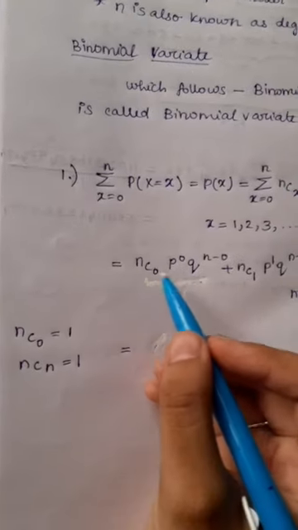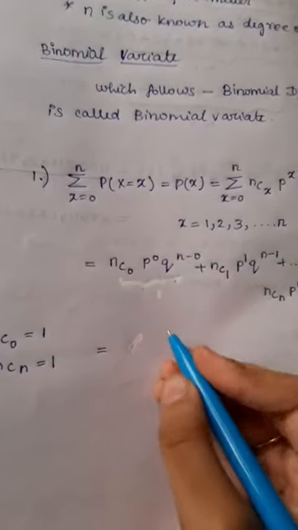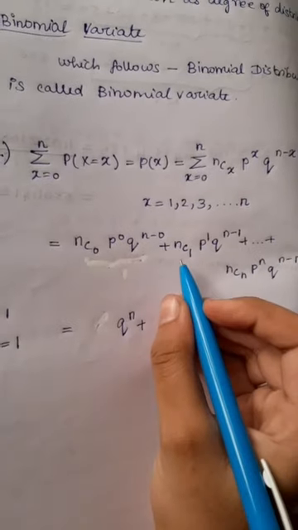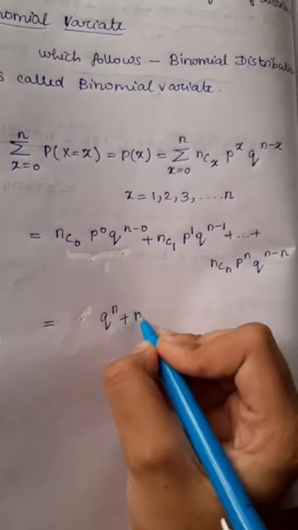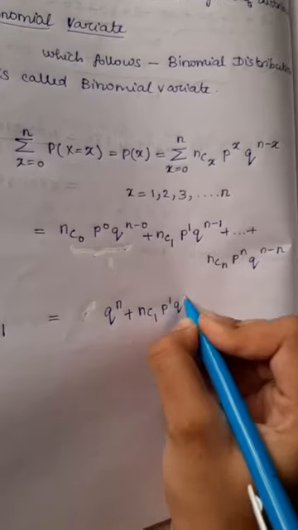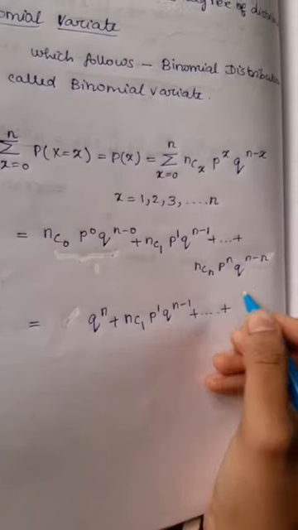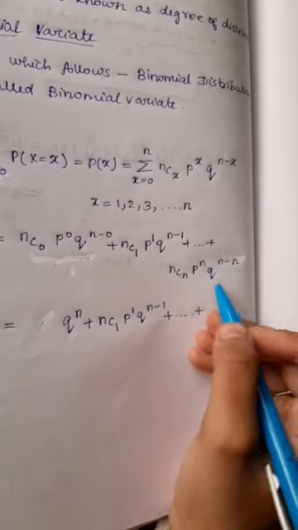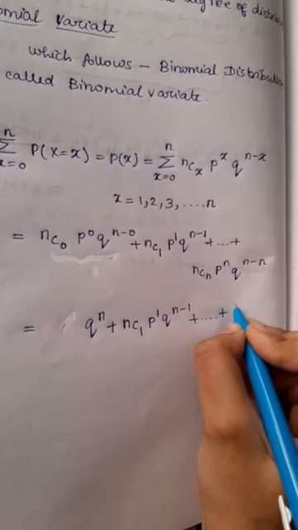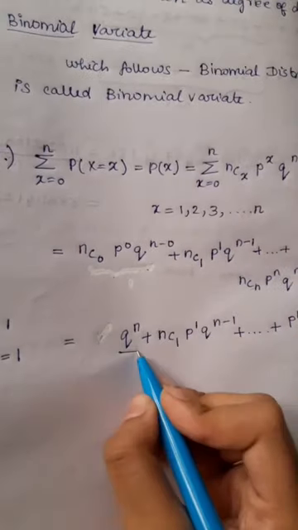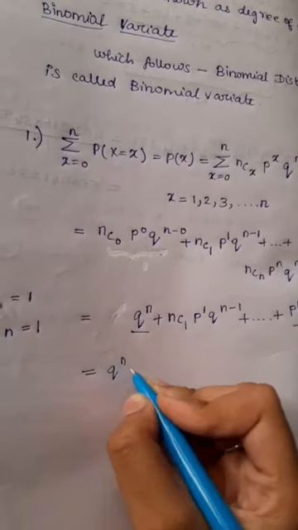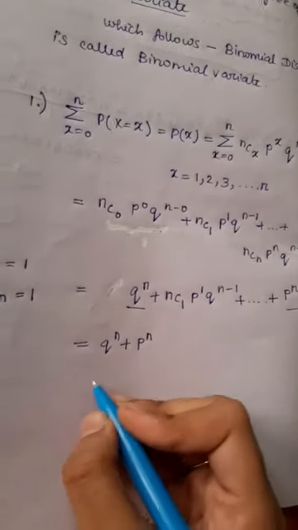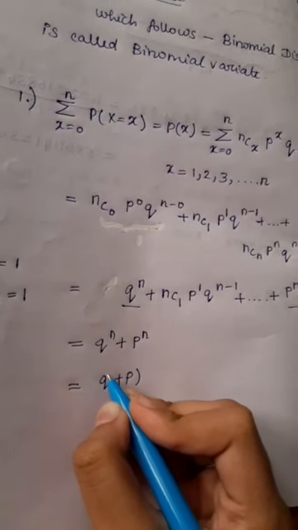If we apply here, nC0 becomes 1 and p^0 is also 1, q^n remains, and plus we write the middle terms as they are, nC1 p^1 q^(n-1) plus etc. Here we have nCn as 1, p^n remains, and q^(n-n) becomes q^0, which is 1. So we get q^n plus etc. plus p^n, which we can write as (q plus p) whole power n.